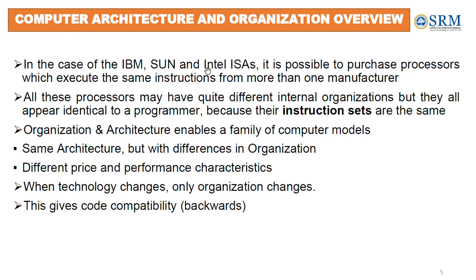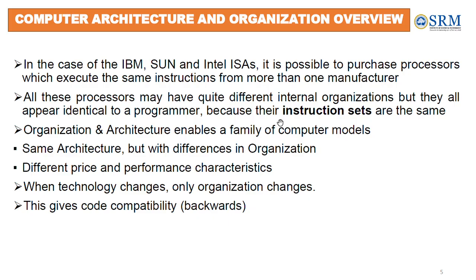But if we want to communicate with the external world like peripherals and memory, in that case we have to study each and every processor, because they are all based upon the same architecture, but the organization is different.